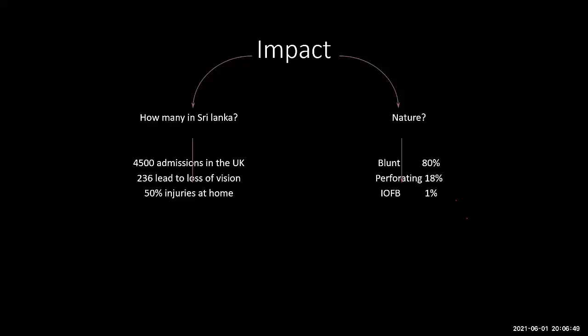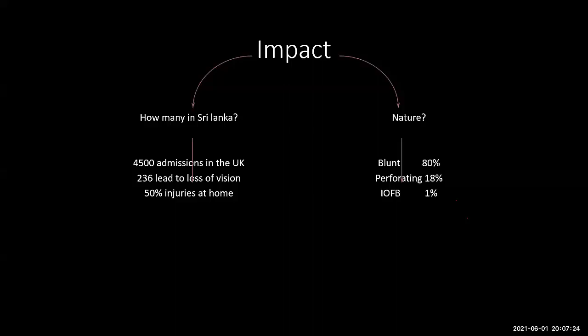ocular trauma. Now, if you look at the nature of the injuries, blunt injuries amount to 80% of the traumatic ophthalmic injuries, and perforating about 13%, and intraocular foreign bodies about 1%. Unfortunately, we do not have figures representing the whole country.